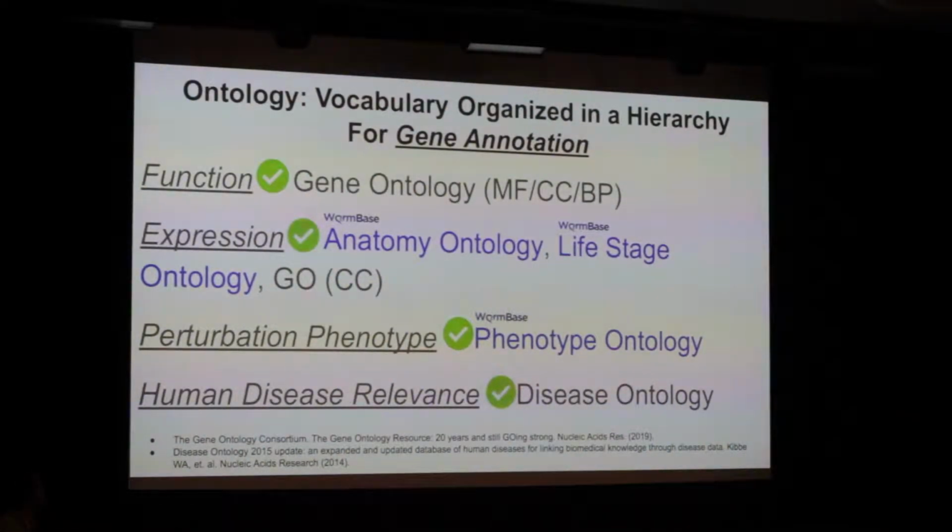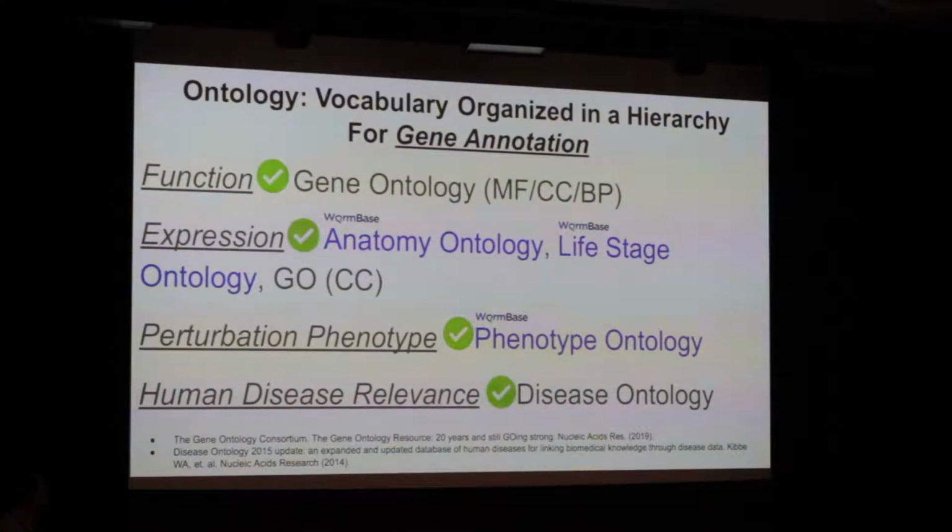In WormBase, we use a number of ontologies to annotate genes. For function, we use Gene Ontology: molecular function, cellular component, and biological process. For gene expression, we use the anatomy ontology and life stage ontology, which are somewhat unique to the nematode.